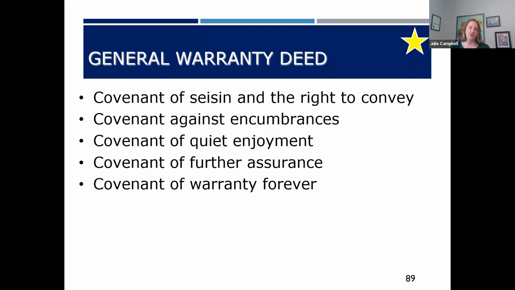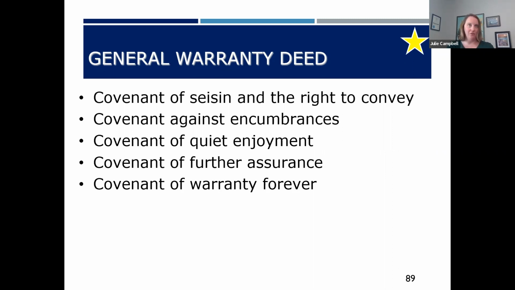This is the thing about the general warranty deed. The grantor is giving the general warranty deed to the grantee, and they're offering these covenants. I promise you this, and I guarantee that. They're not just limited to the matters of the time that the grantor owned it.